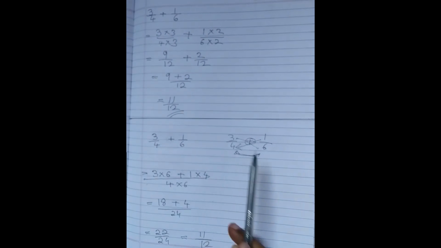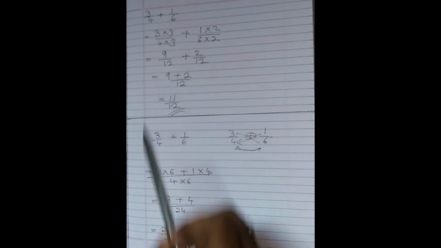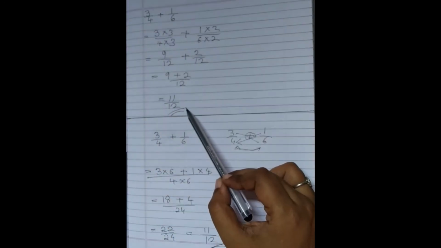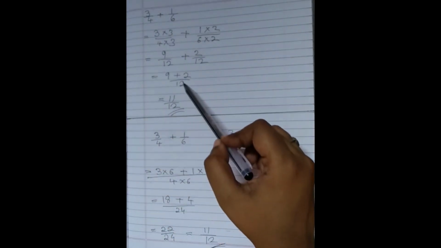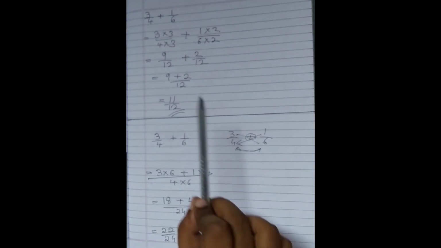But in cross multiplication method, we are just following this rule and we are getting the answer. Okay, so here there is no need to find LCM in cross multiplication method. So from this what we can see, the final answer is the same, right? So any method you can use, but the answer will be same. Okay, whichever method you find easy, you can use that.